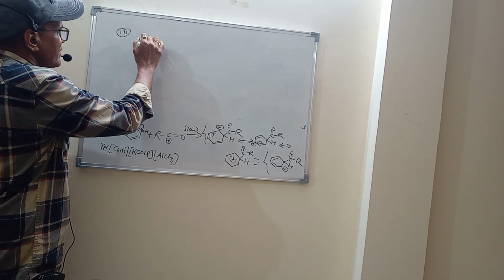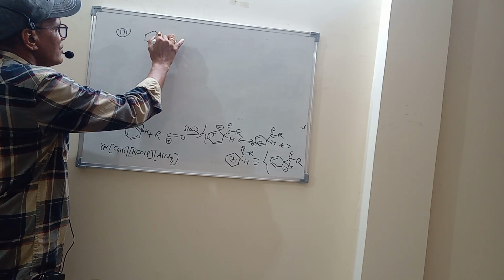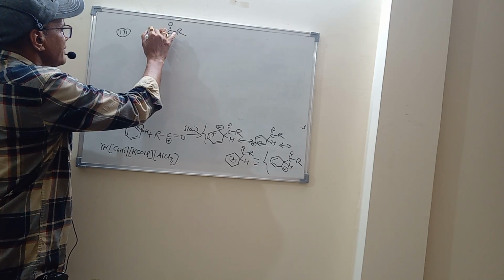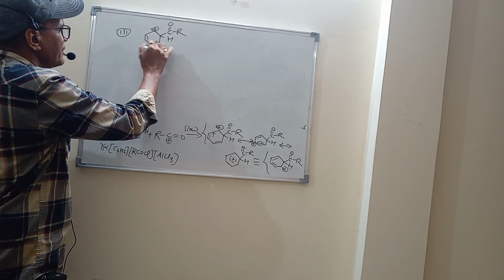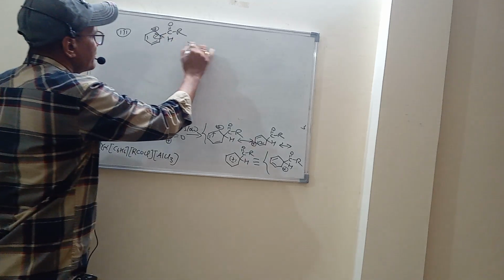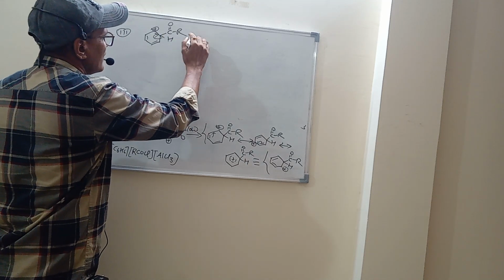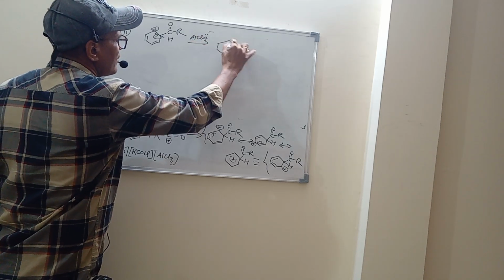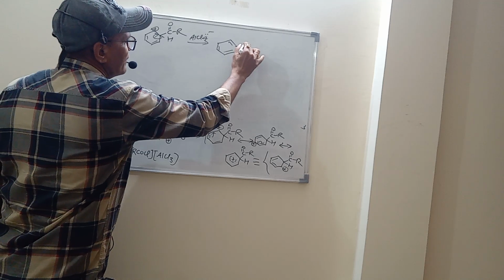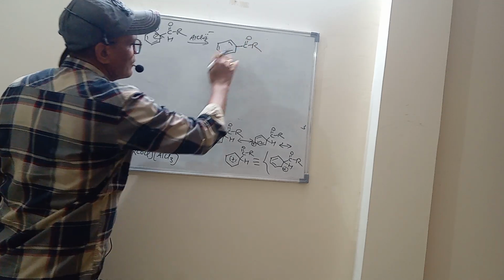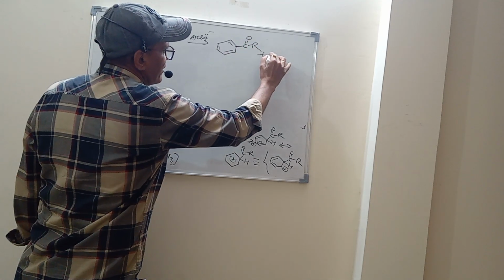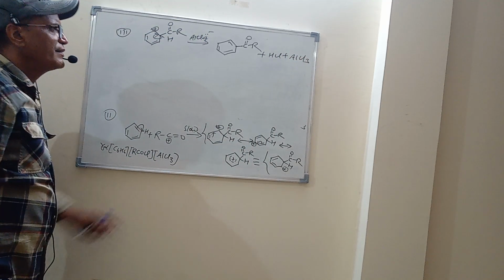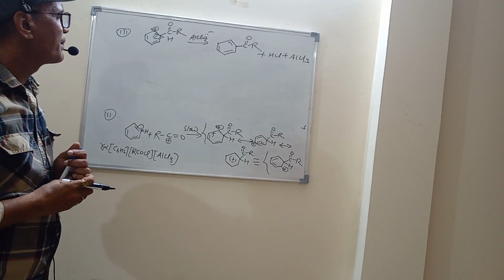And the third step is removal of H, and AlCl4 minus, so aromatic ketone, HCl and AlCl3, we are getting the final product in this case.